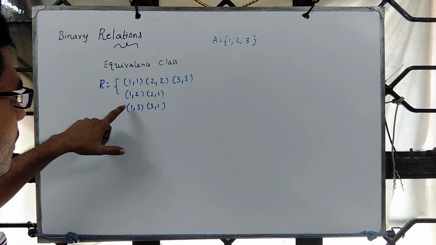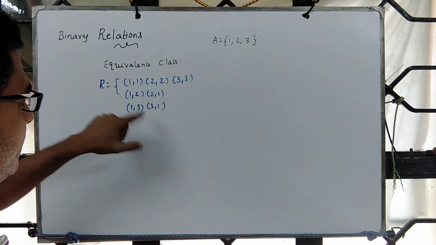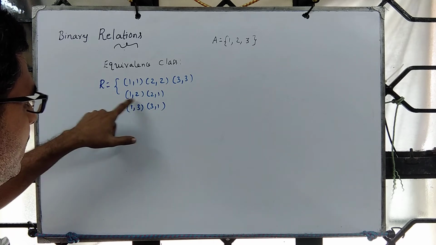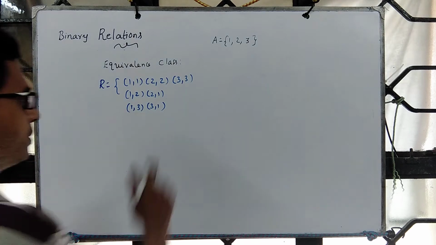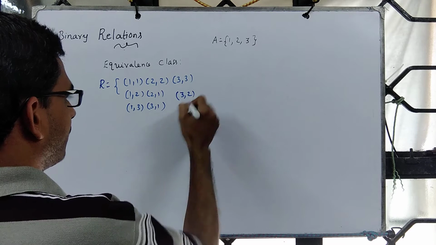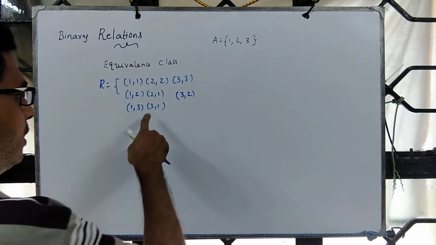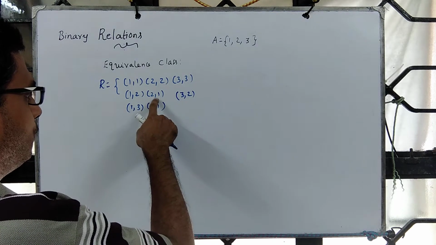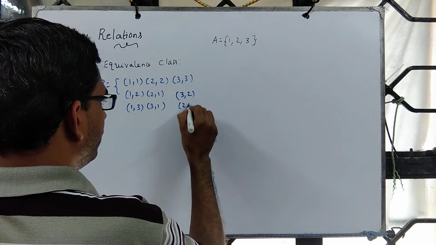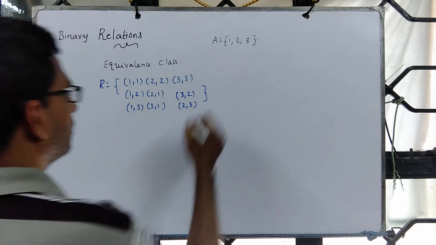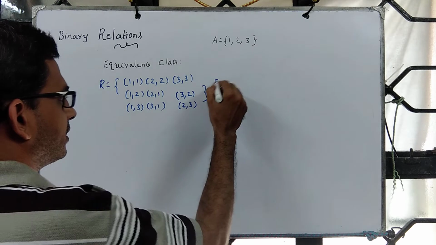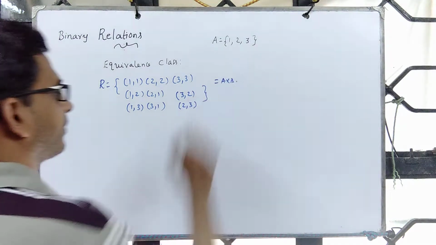Now, if you look at this, (3,1) is present, (1,2) is present, so I am forced to include (3,2) because it's an equivalence relation. And similarly, (2,1) is present, (1,3) is present, I am forced to include (2,3). So now this becomes A cross A. Okay.